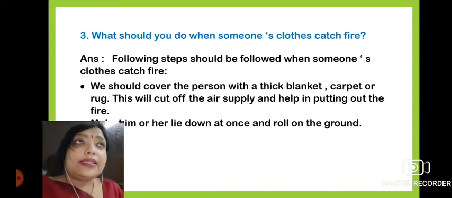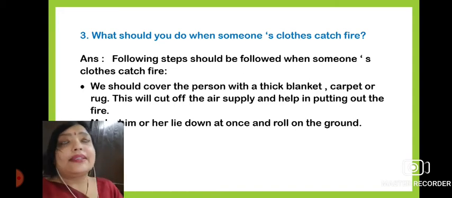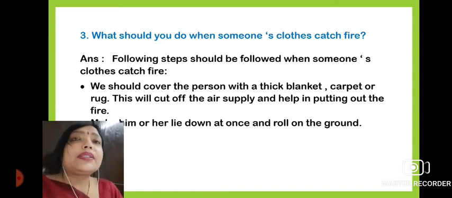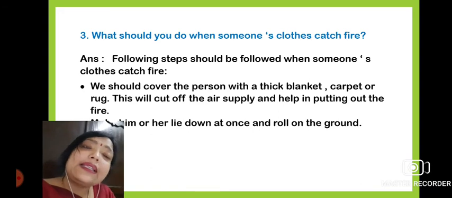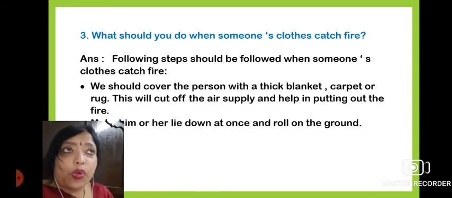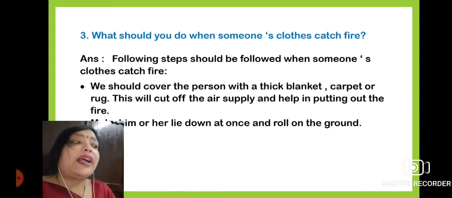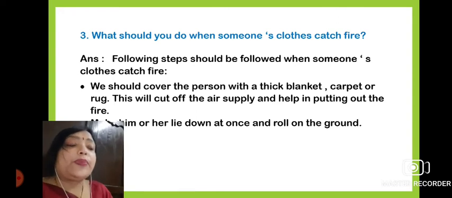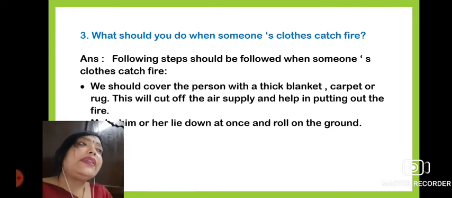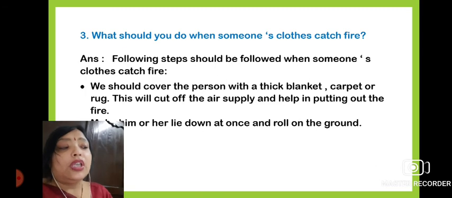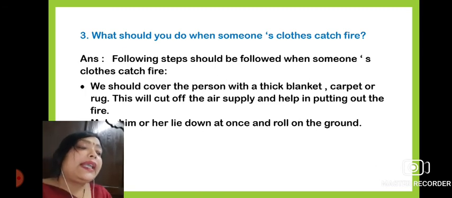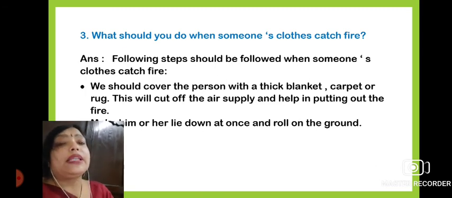Because the oxygen present in the surrounding air supports combustion. The fire spreads widely because there is a constant flow of oxygen. So this will cut off the air supply and help in putting out the fire.